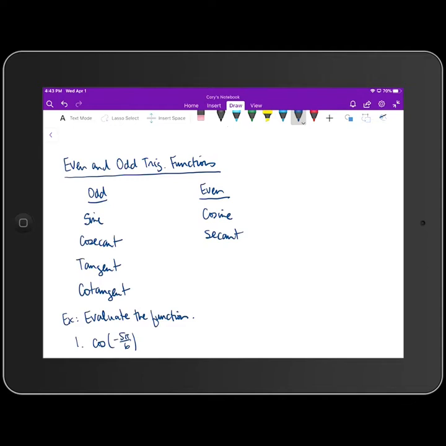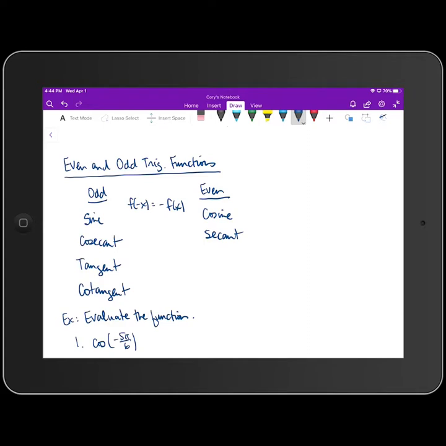Now, if you remember back to us looking at even and odd functions, the way that we algebraically show that a function is odd is by taking the opposite of the input value. If we take f of negative x, that's going to give us the opposite of the original function that we started with.